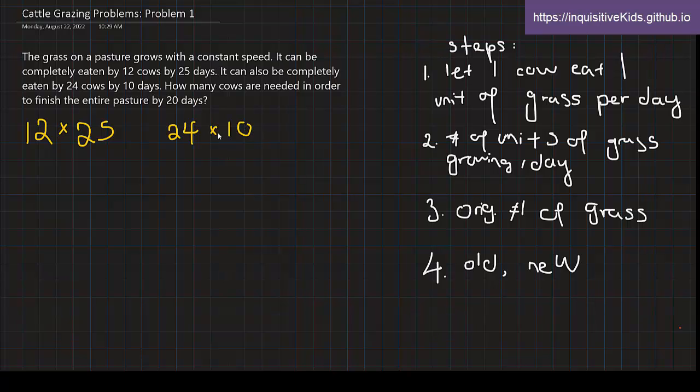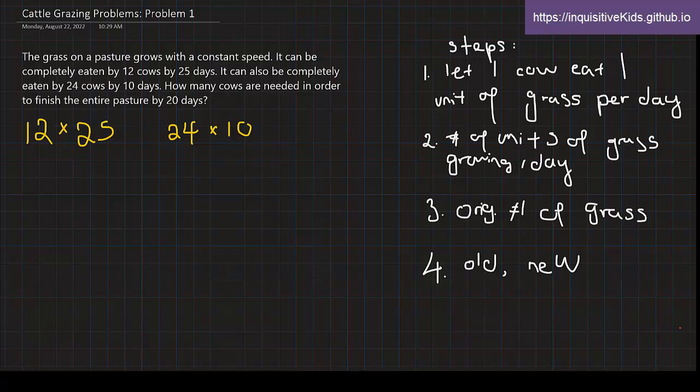All right, so what we do is we first try to find the number of units of grass growing per day. Whenever you're doing your problem, just to make sure that you don't get confused, you should always write this sentence at the top of each solution.